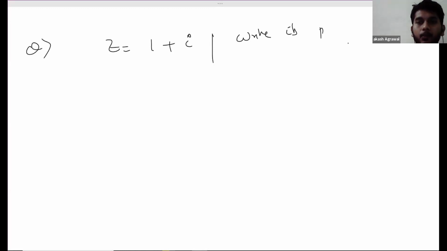Write its polar form. Okay, so first step is to find R, which is mod Z. So can anyone tell me what is the mod Z here?